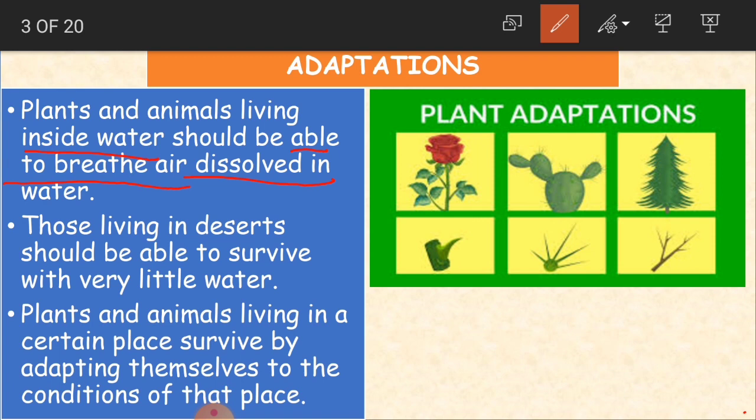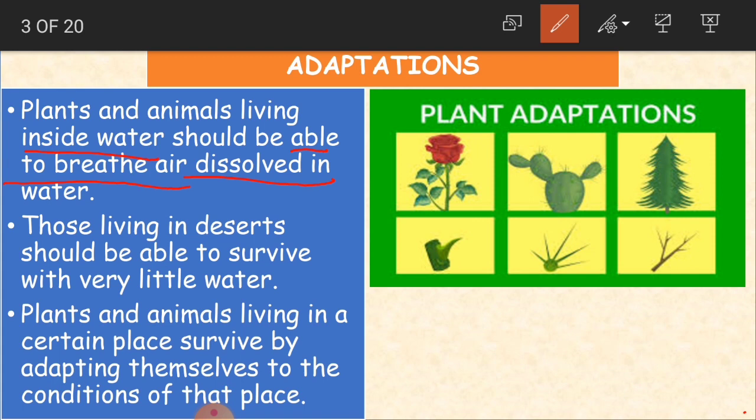So a plant which is living inside the water must be able to breathe the air which is dissolved in water. This is called adaptation. This is one example of a plant making itself comfortable to live in water.